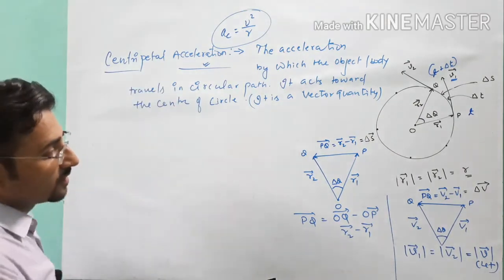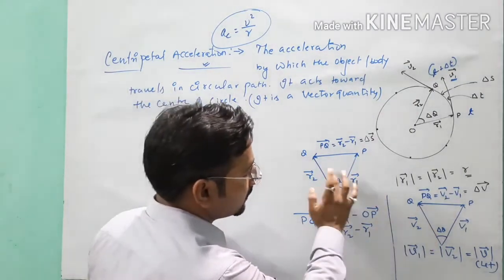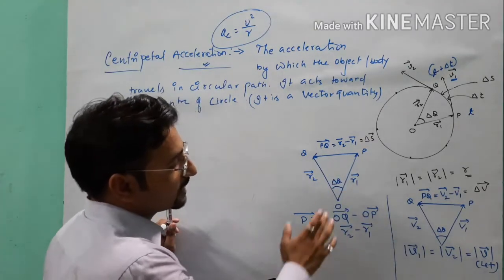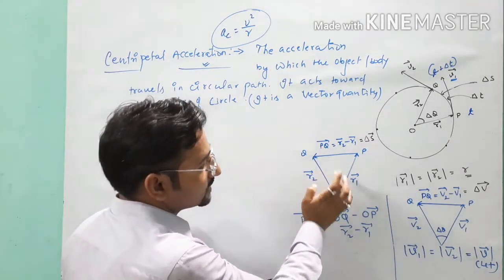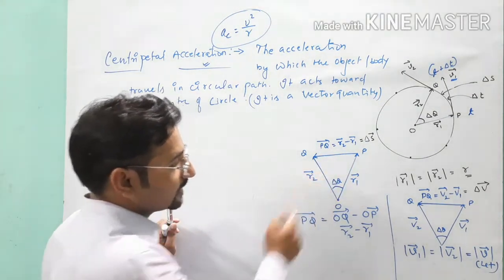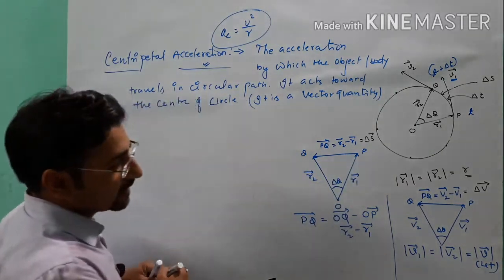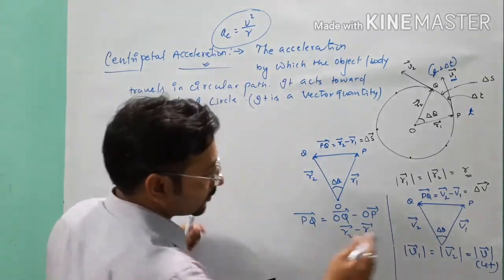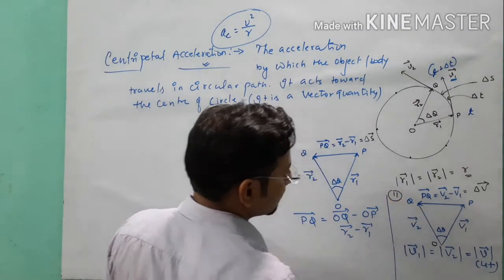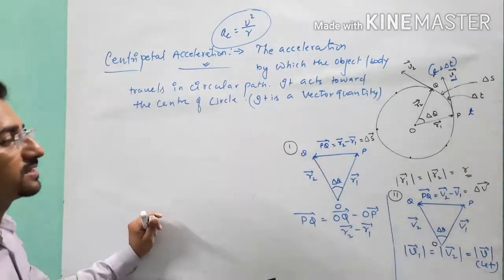So now see students, by these two diagrams, if we think about the similarity between these two, if I use the relation angle is equal to arc upon radius, then we can see from the diagram OPQ, and here also from the diagram OPQ, this is for velocity and this one is for displacement, or you can say position.